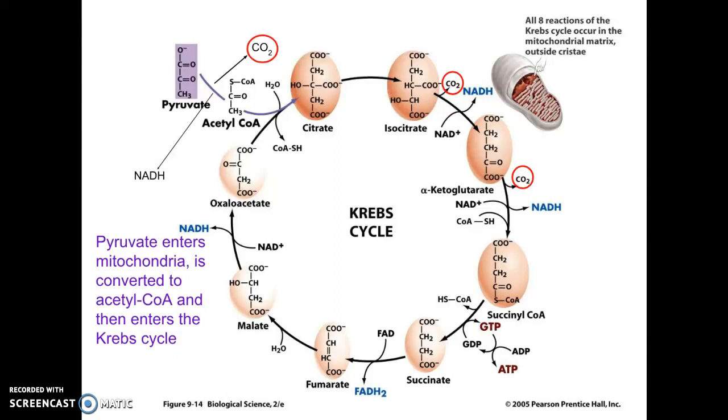The input into this cycle is going to be acetyl-CoA. That acetyl-CoA could be coming from the oxidation of pyruvate from glycolysis, or it could be from fatty acid metabolism or protein metabolism. So all roads lead through acetyl-CoA, where all of these inputs enter into the TCA.